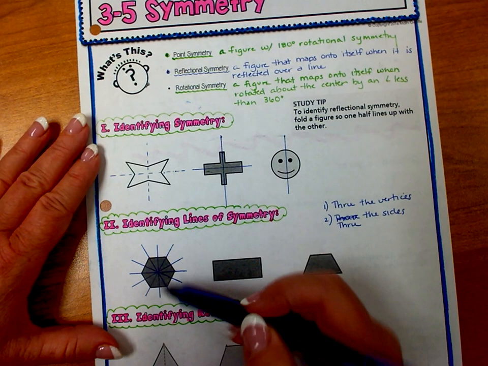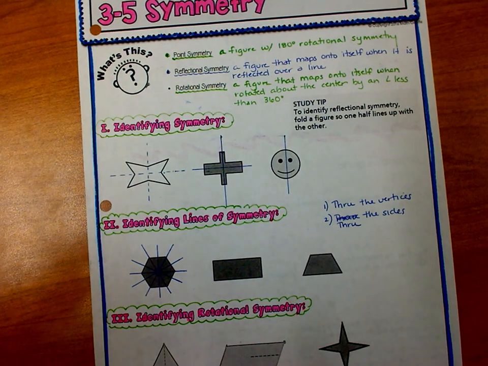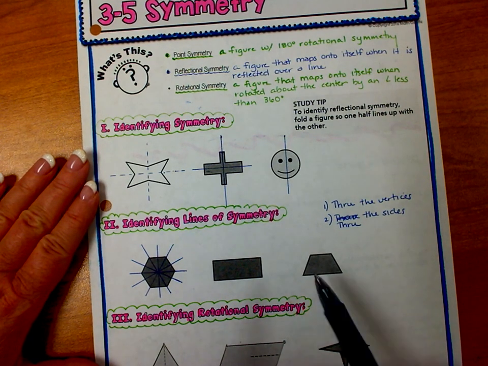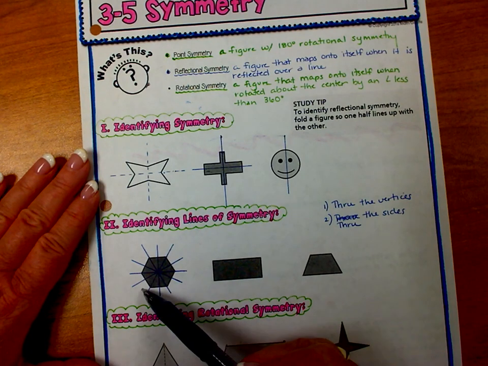So we can go through the sides and through the vertices, and that's going to work when you have an even number of sides. When you have an odd number of sides, like a pentagon, then you may be having lines of reflection that go through a vertex and then through a side.